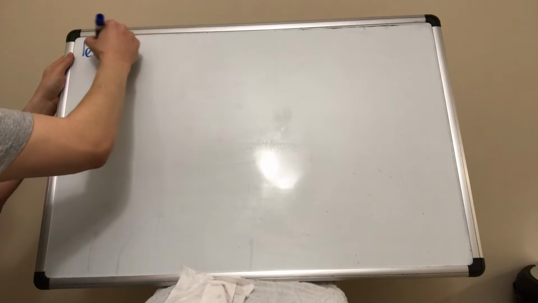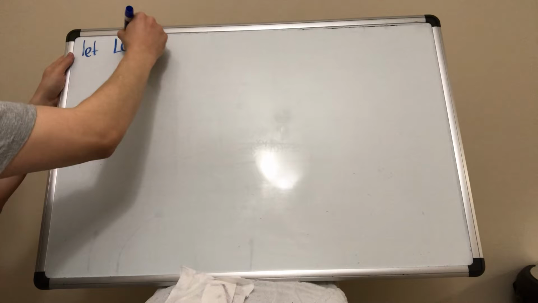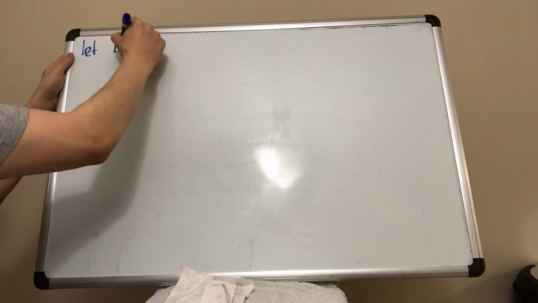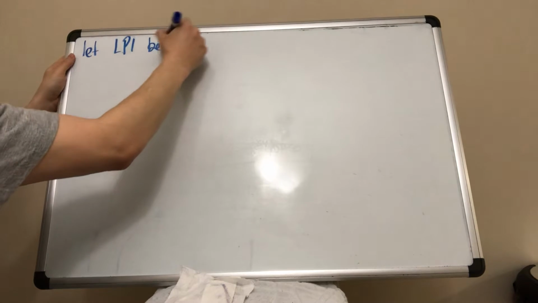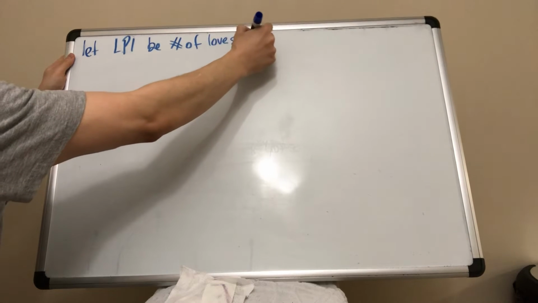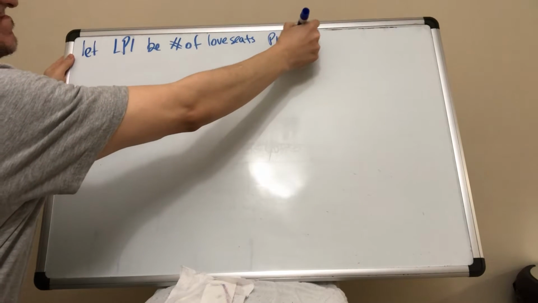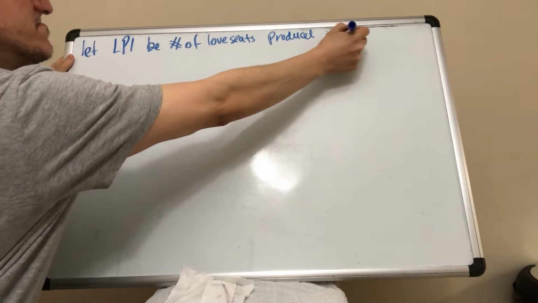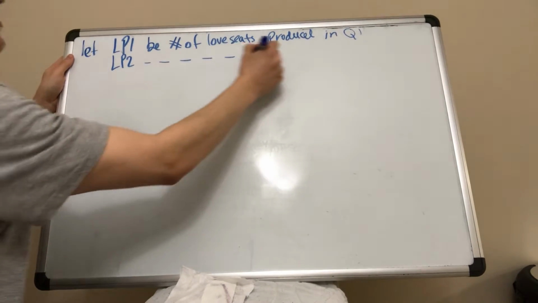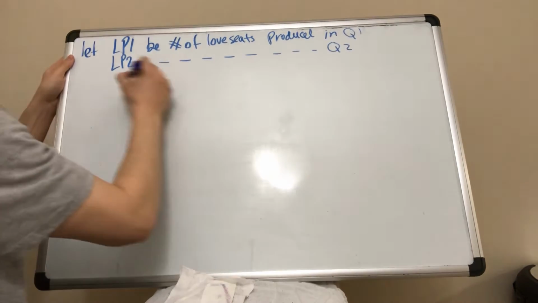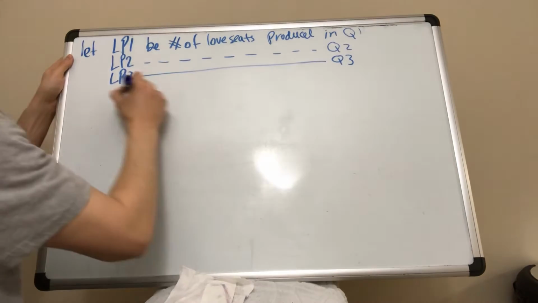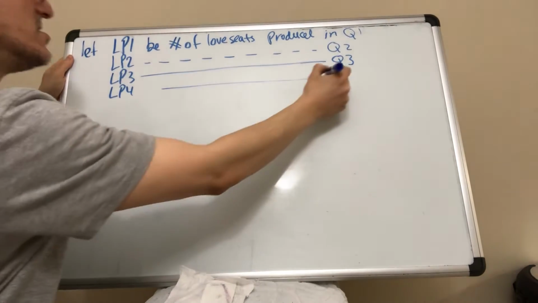Let LP1 be number of love seats produced in Q1. LP2 in Q2. LP3 in Q3. LP4 in Q4.